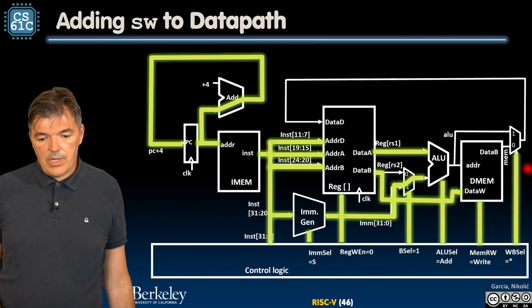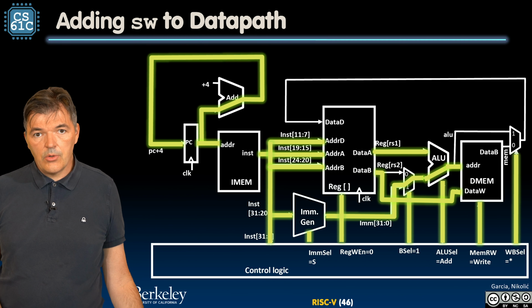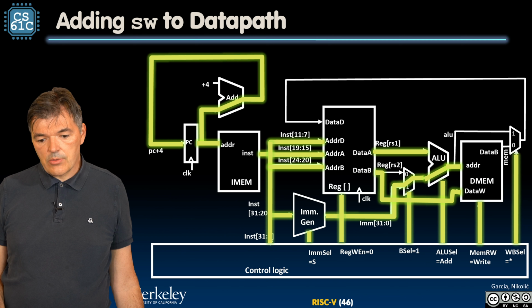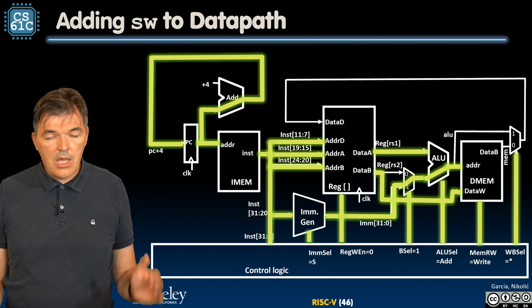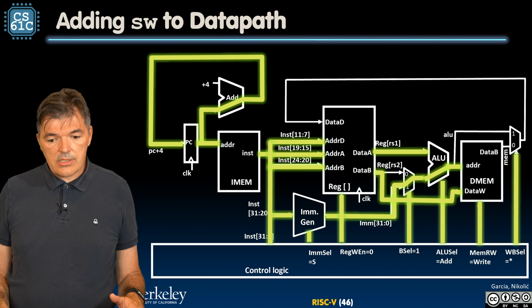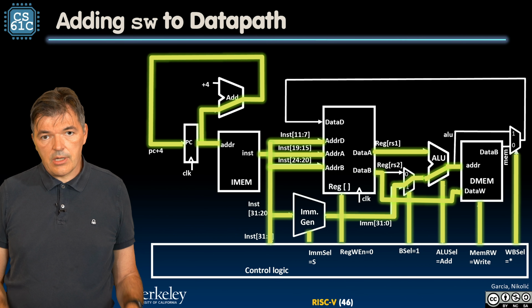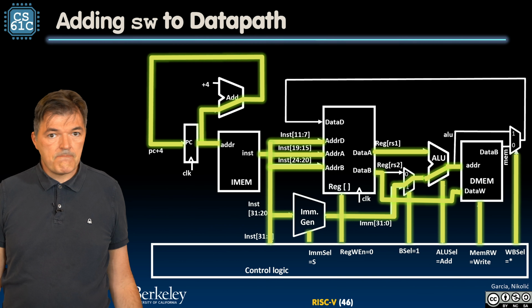At the same time, our immediate is formed and goes to the ALU. Output of that ALU points to the address where we are going to write this datum. And that is it. That completes the store cycle. On the next clock tick, the new datum is going to be written into the data memory, and the program counter is going to be updated.